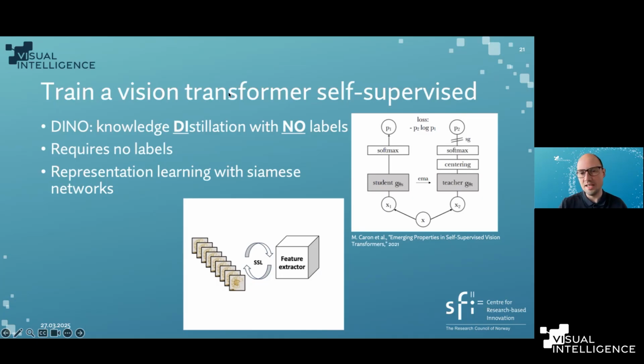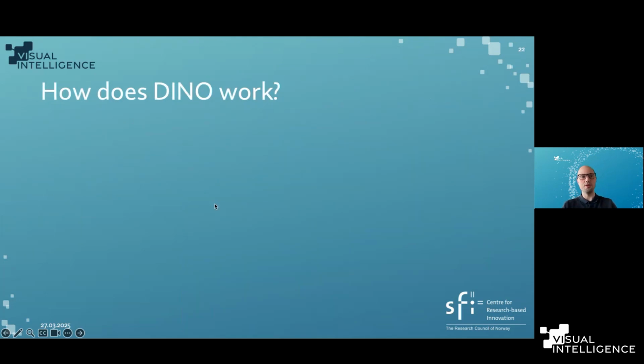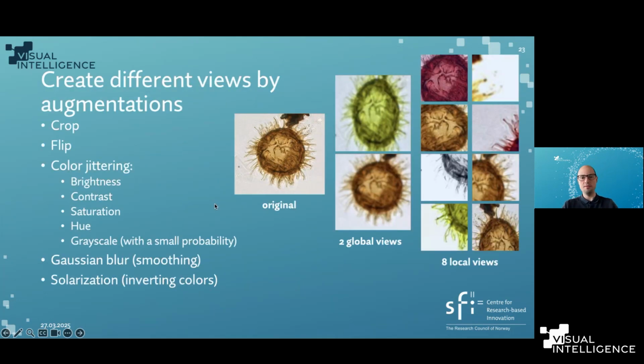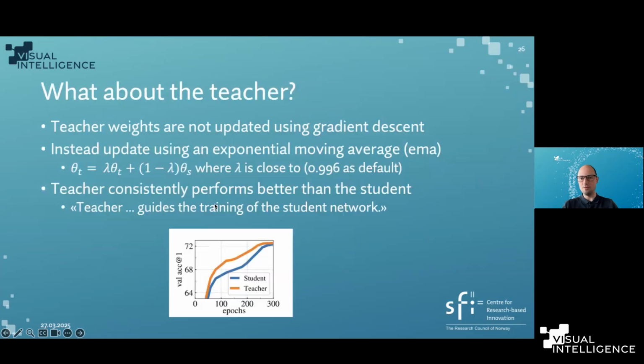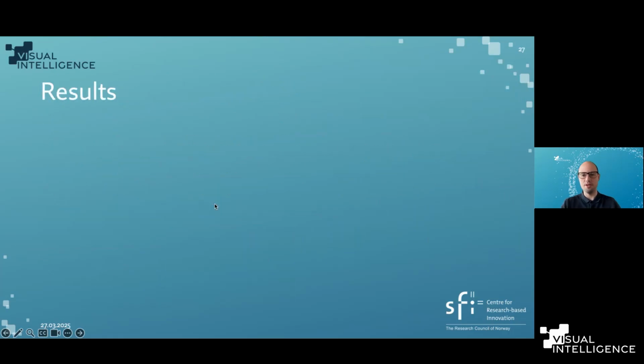So there's a teacher and a student network with the same architecture, but with different weights. I'm not going to go into detail about how this DINO framework works, in the interest of time.